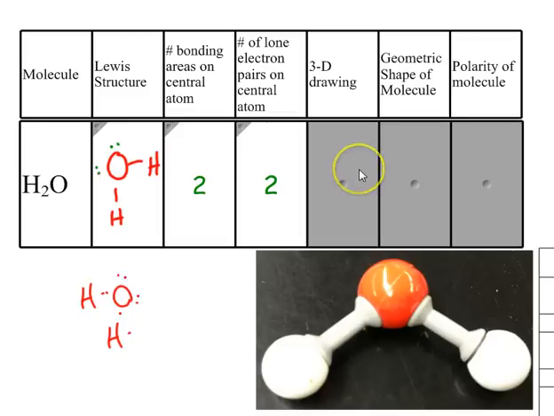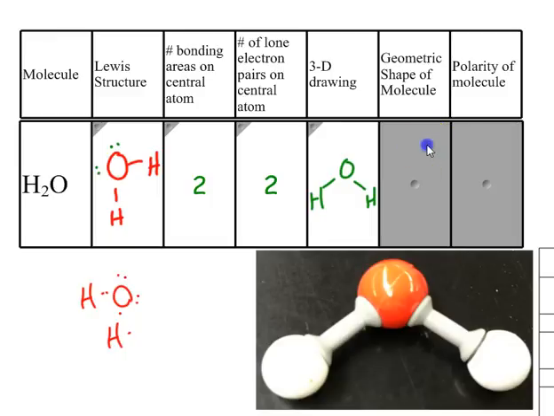This 3-dimensional drawing is also fairly dull because it is a planar molecule. It lays flat on a desktop, like you can see here in this picture. So we just draw it as the diagram is shown here, without the lone pairs.